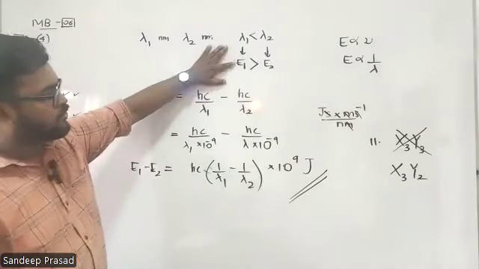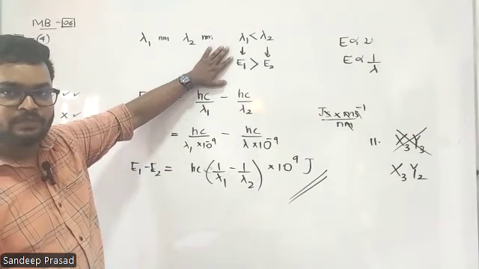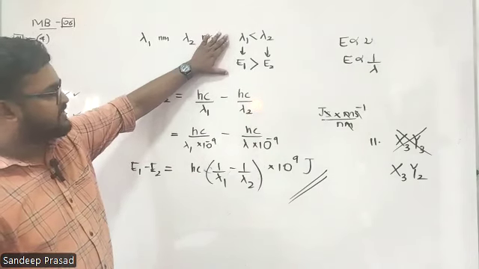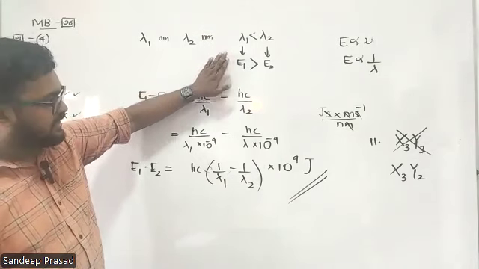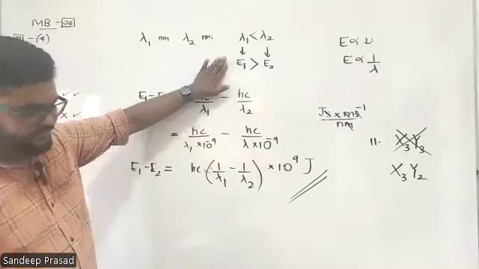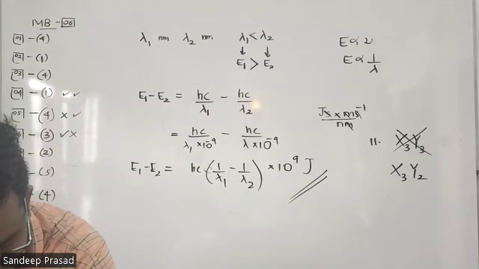So therefore, what should be the largest one, E1 or E2? The energy radiation with the lowest wavelength has the largest energy. Therefore, E1 is greatest. Then E1 minus E2. Understood? That's why I consider E1 minus E2.